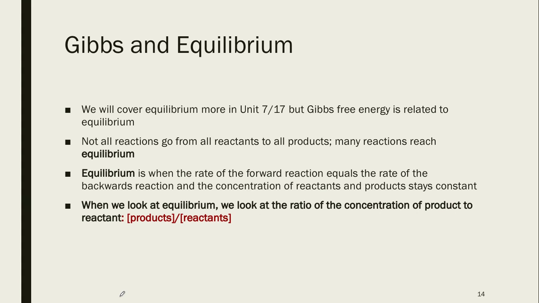Equilibrium is when the rate of the forward reaction equals the rate of the backwards reaction and the concentration of reactants and products stays constant. When we look at equilibrium, we look at the ratio of the concentration of product to reactant, so we would divide the two concentrations.